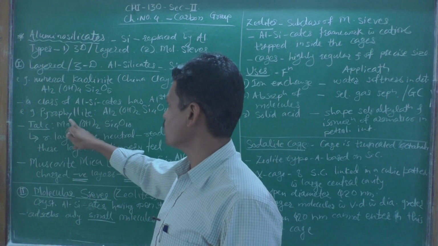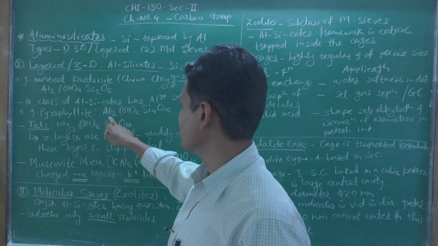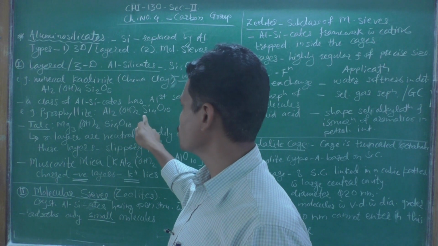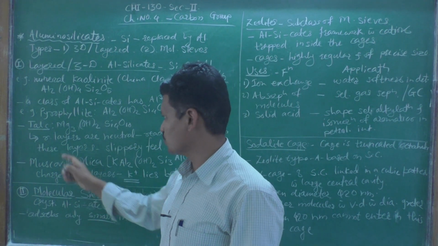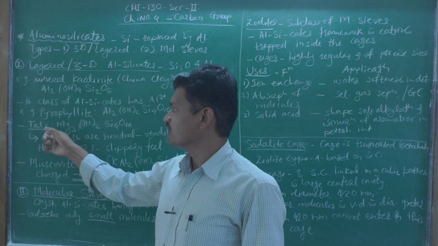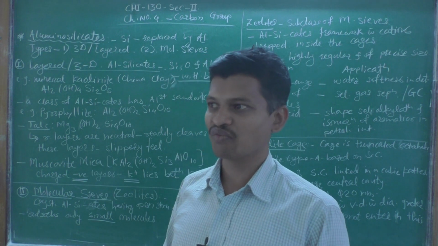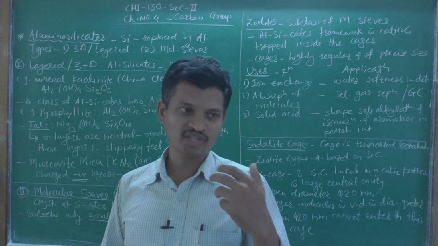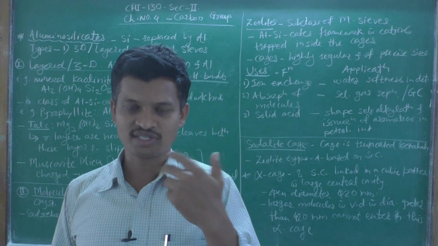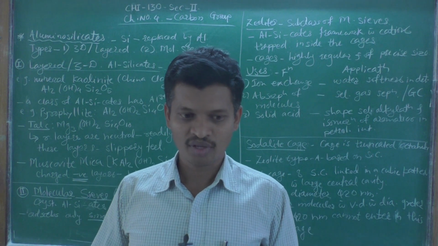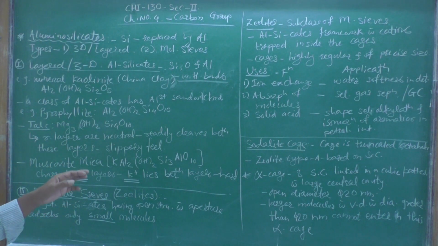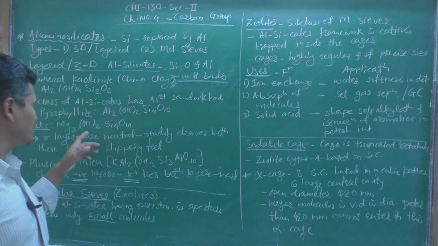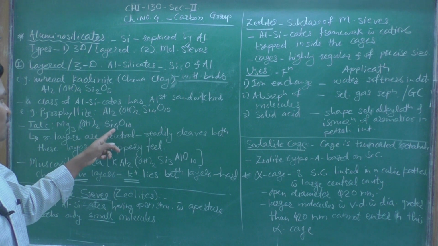For example, pyrophyllite. The formula is Al2(OH)2Si4O10. Another most important example that we are familiar with is talc. Talc is nothing but the talcum powder that we use in cosmetic products, for the face, as makeup material. That talcum powder is made of these aluminosilicates, and the formula is Mg3(OH)2Si4O10.